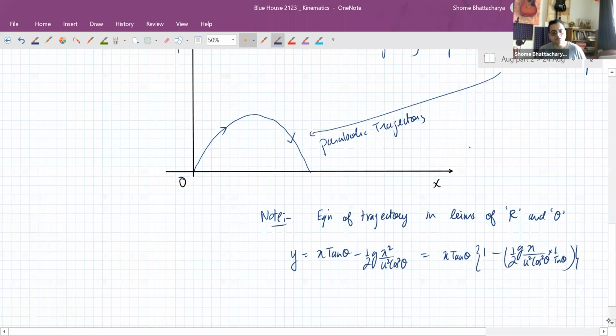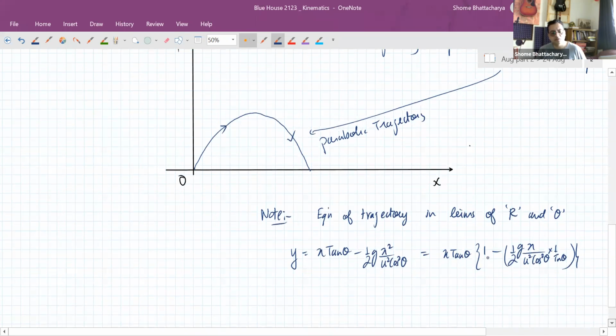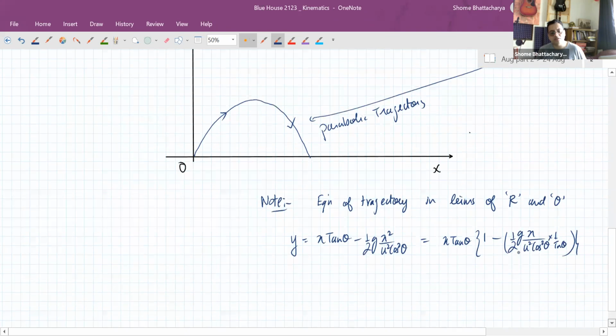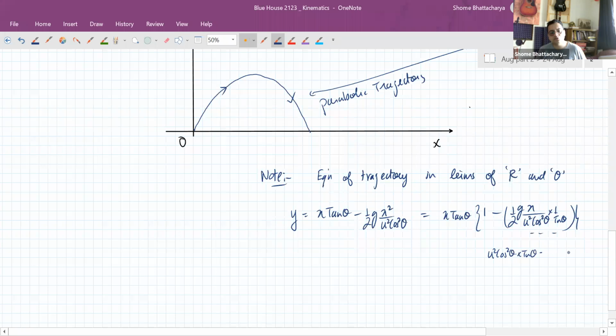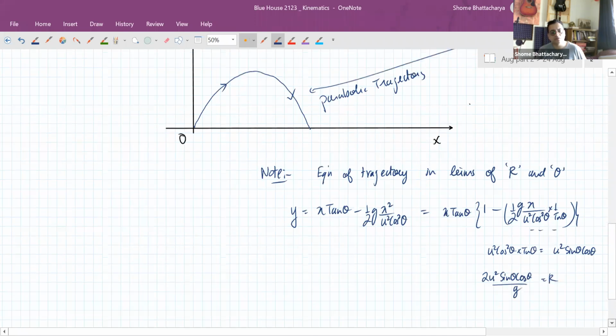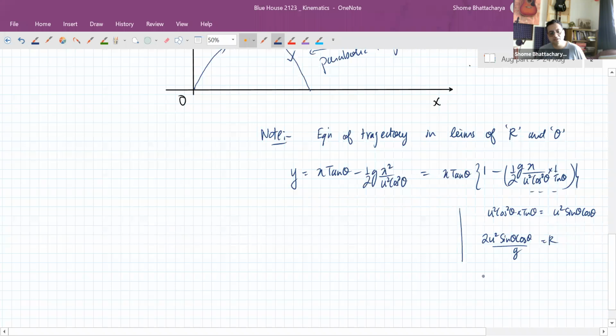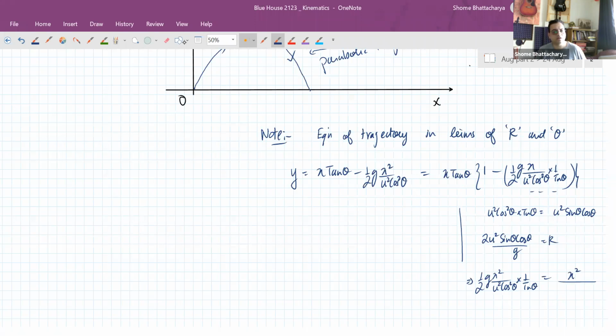Okay. So when you do this, you can see that this term u square cos square theta into tan theta is actually nothing but u square sin theta cos theta. So this whole term 2u square sin theta cos theta by g is nothing but the range. So this term half gx upon u square cos square theta into 1 by tan theta can be written as x upon, sorry, x is there, not x square.